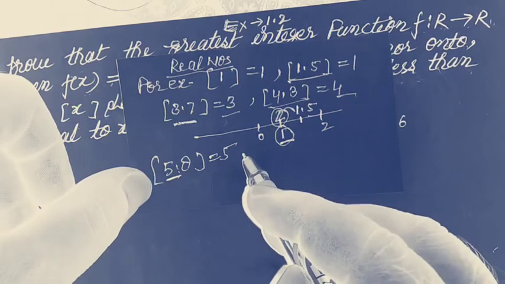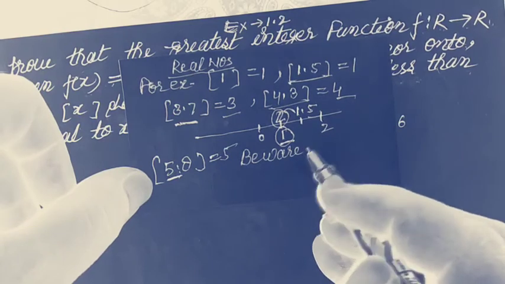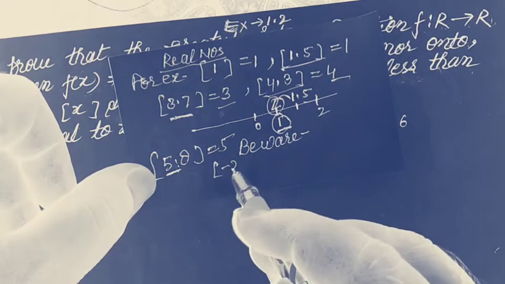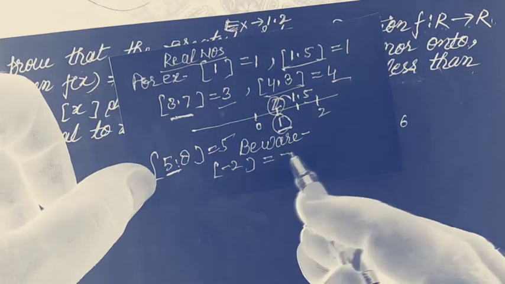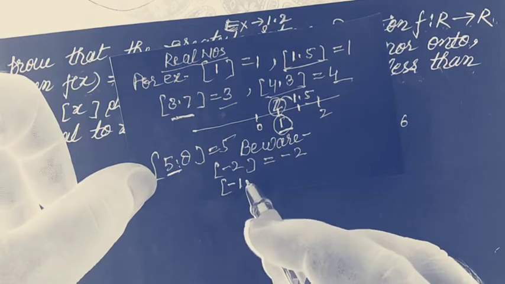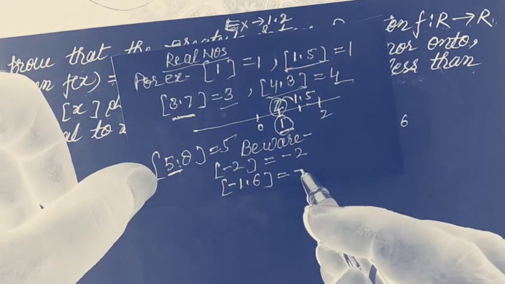So this is the greatest integer function. And beware here, if we put -2, we will get -2. If we put -1.6, then we will get -2.